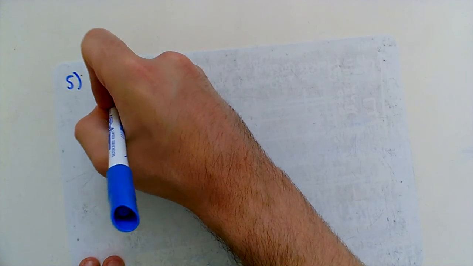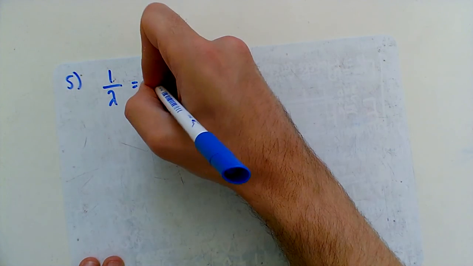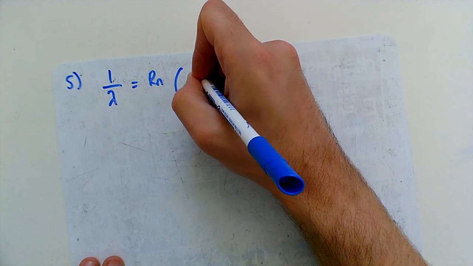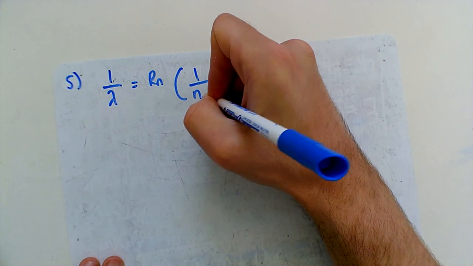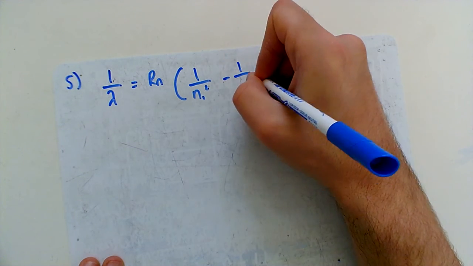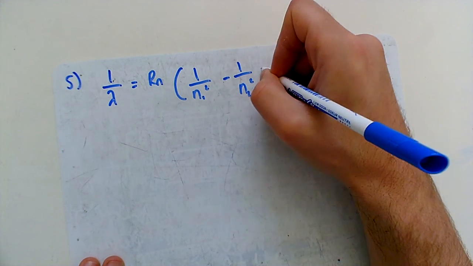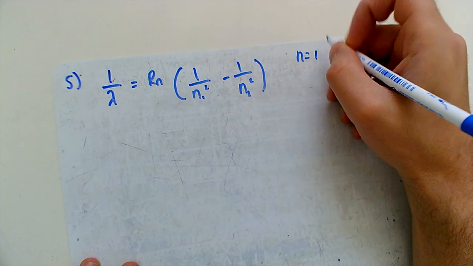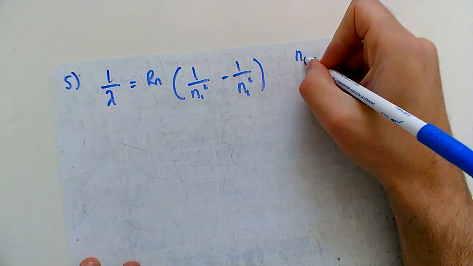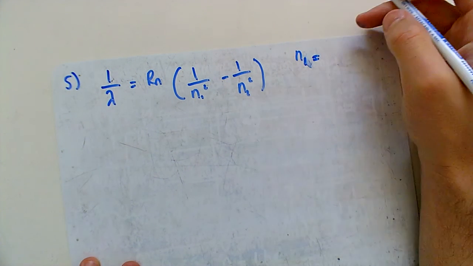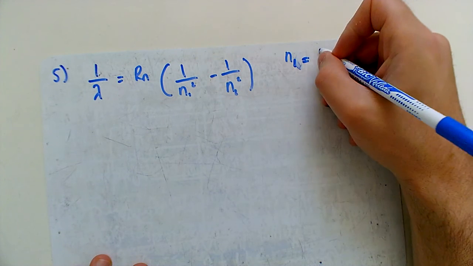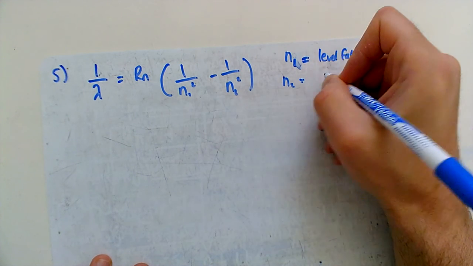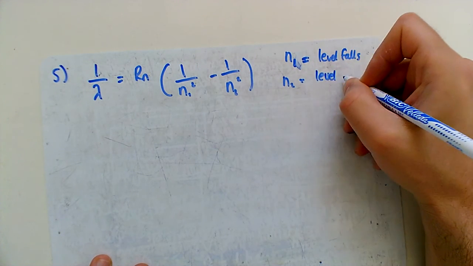So 1 over wavelength is equal to Rn, which it told you the value of, times 1 over n1 squared minus 1 over n2 squared, where N1 equals the level it falls to, N2 equals the level it falls from.